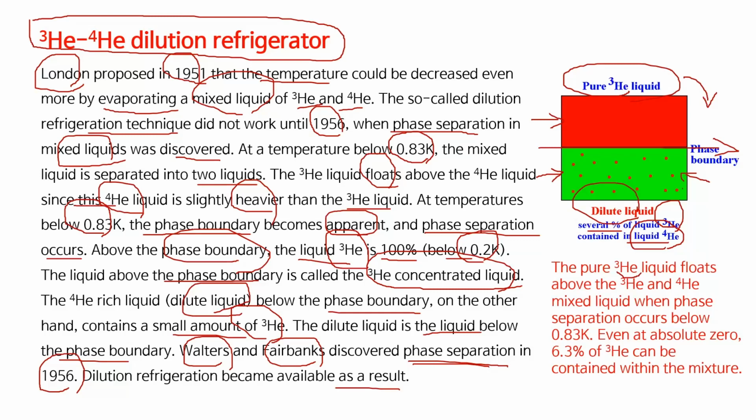Pure helium-3 liquid flows above the helium-3 and helium-4 mixed liquid when phase separation occurs below 0.83 Kelvin. Even at absolute zero, 6.3% of helium-3 can be contained within the mixture in this dilute liquid.